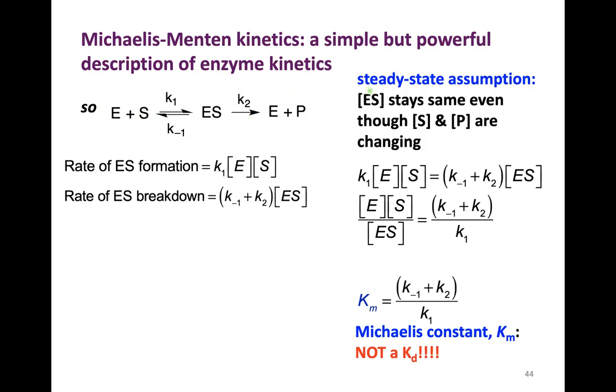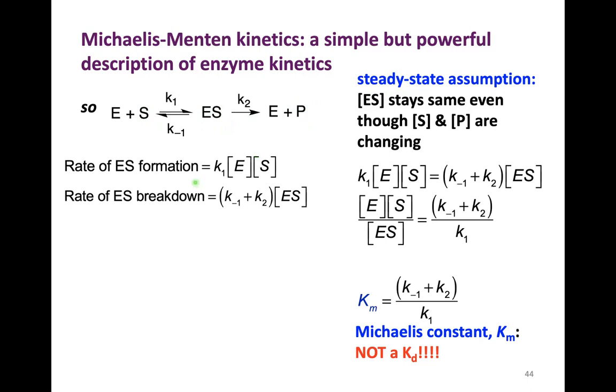Another assumption, in addition to the initial velocity, no concentration of P at the beginning, is the very critical steady state assumption. What this is saying is that the concentration of our Michaelis complex remains the same, even though the concentrations of the substrate and the product are changing with time.